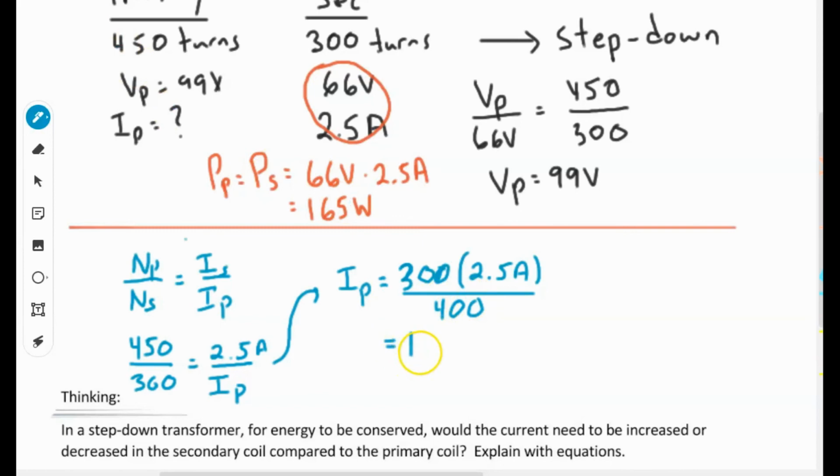So we get 1.875 amps. And then you can use your power equation for your primary, which would be your primary voltage, which is 99 volts, times your primary current, which is 1.875 amps.